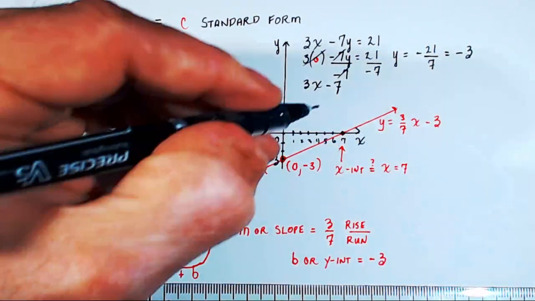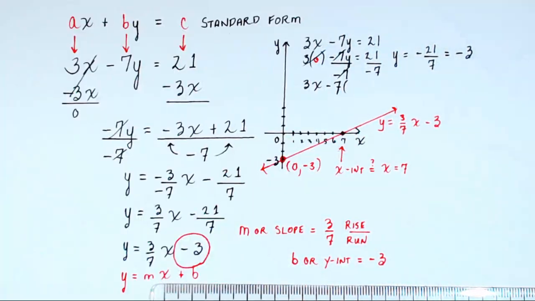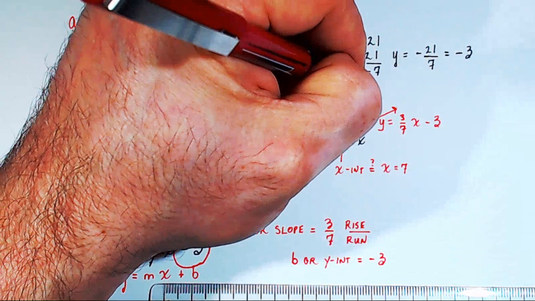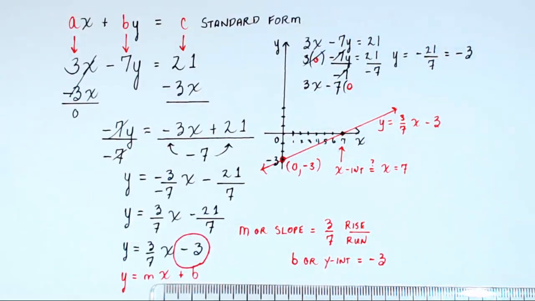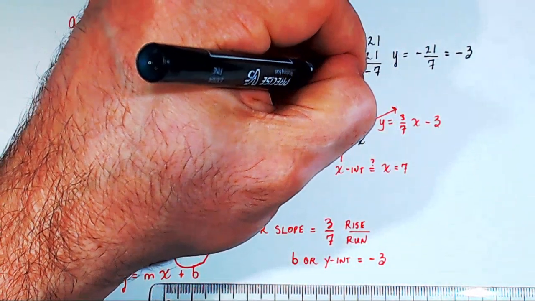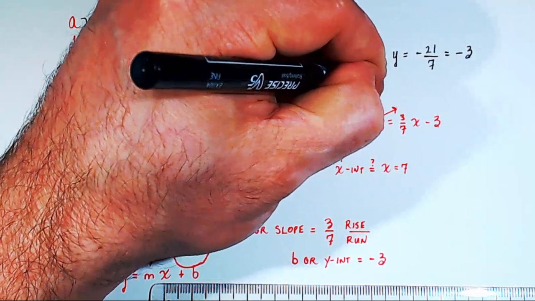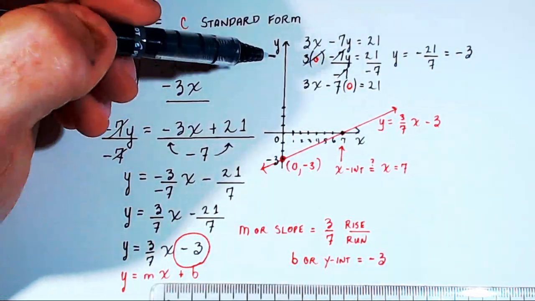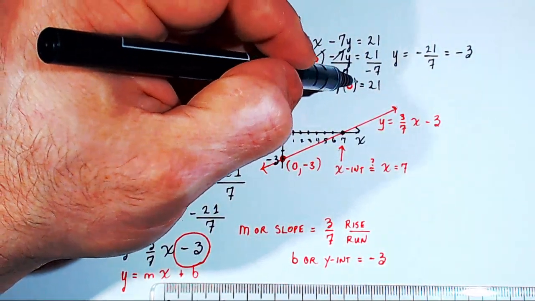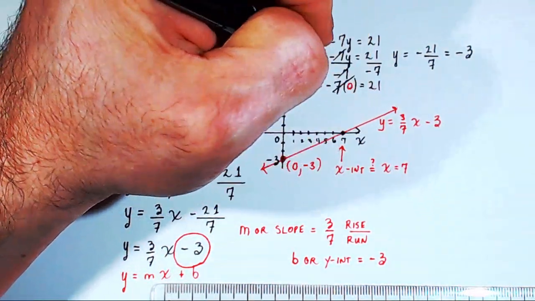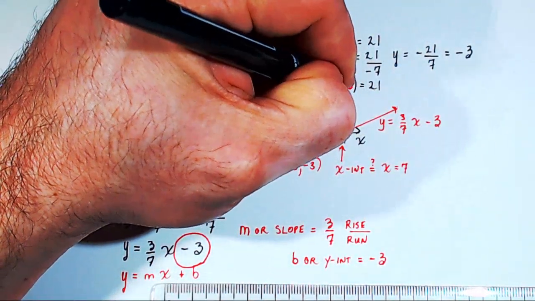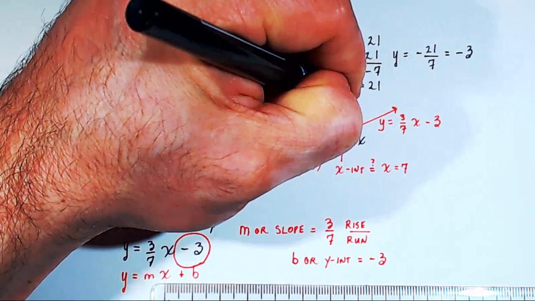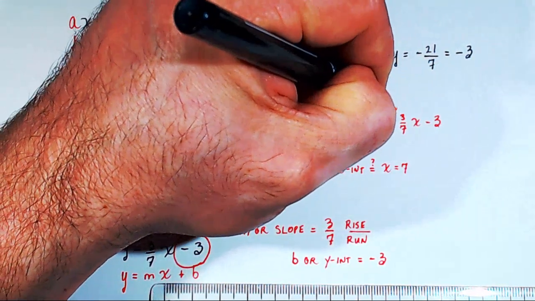This time in my red pen, I'll do an open parenthesis and put a 0 in for the y, close paren, equals 21. Just like the previous problem, this -7 times 0 just cancels, and I'm left with 3x equals 21.